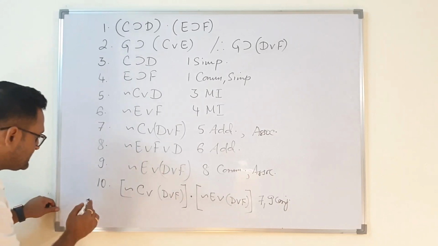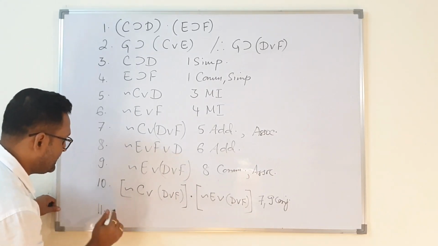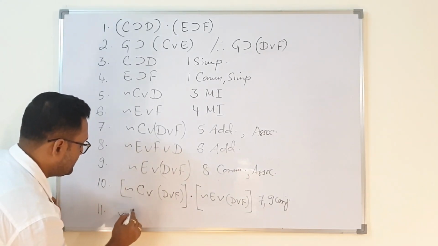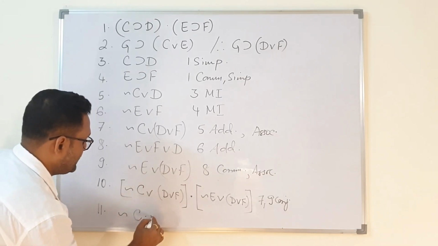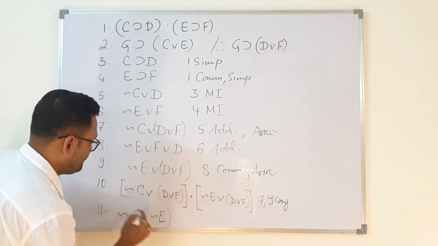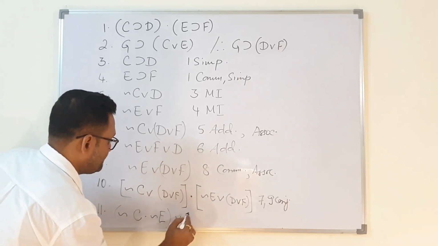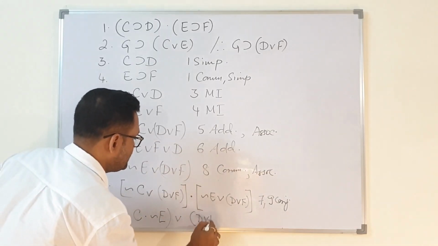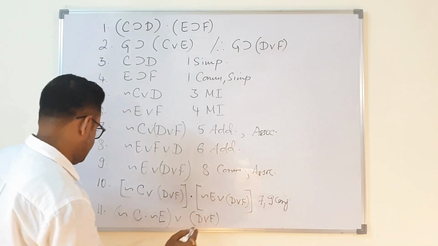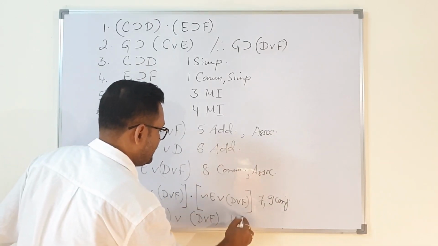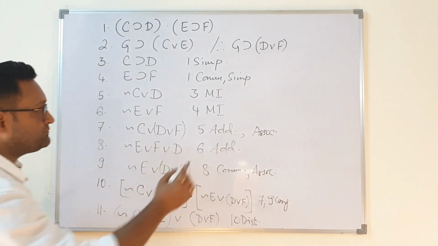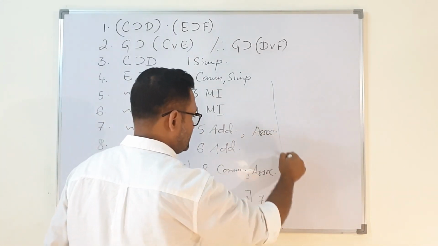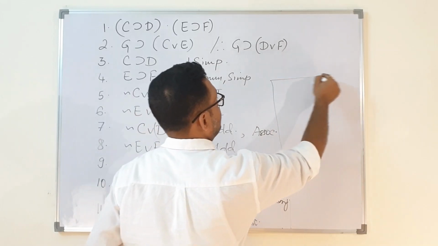Okay. Now if you see, it will become as negation of C dot negation of E wedge D wedge F. Fine. This is 10 distribution. Okay. Now let us come to this part and try to solve.